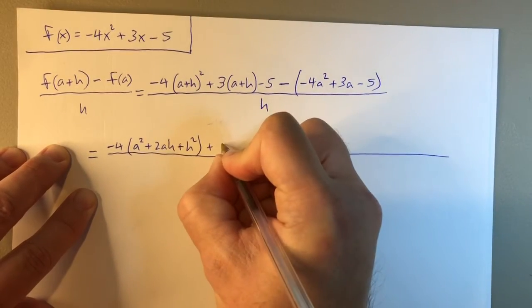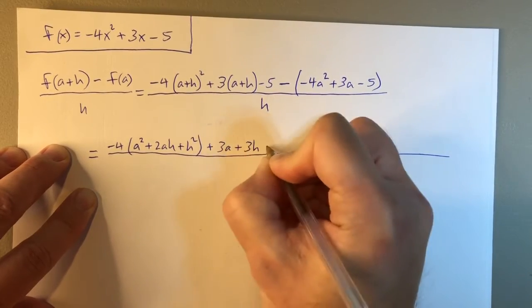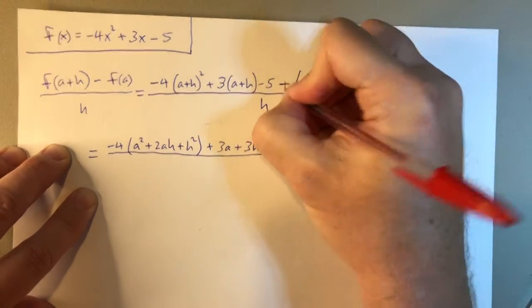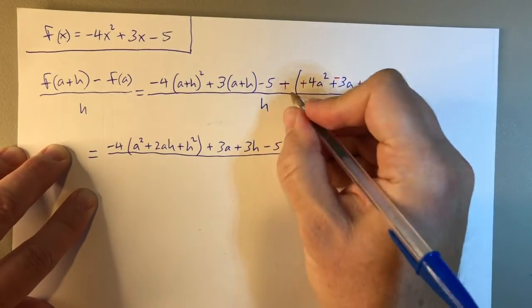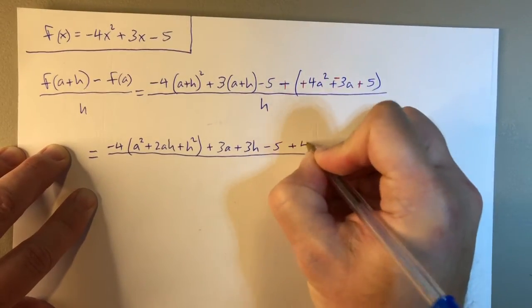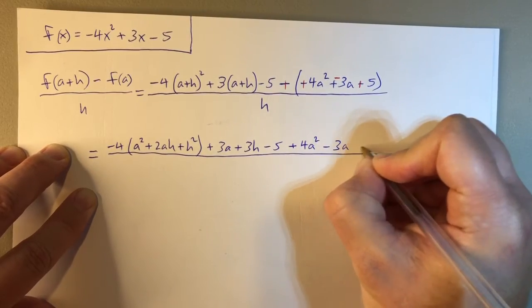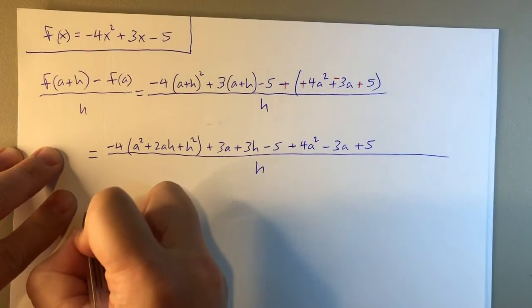Then I'm going to distribute the 3 through, so plus 3a plus 3h, bring down the minus 5. And then what? Add the opposite. So add opposite, opposite, opposite. Okay, so we get what? Plus 4a squared minus 3a plus 5, and it's still all over h.